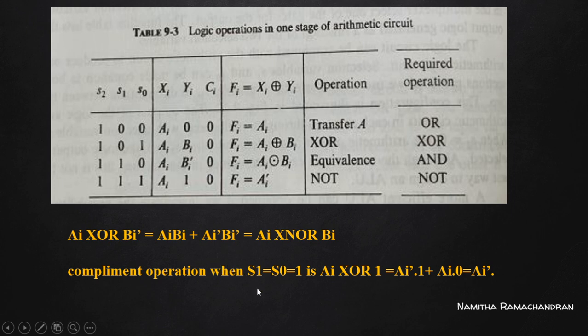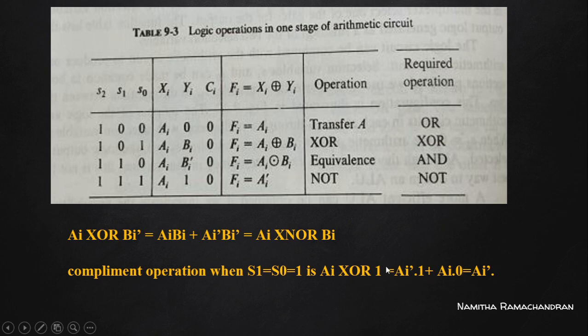So consider the next case, S1 equal to 0, S0 equal to 1 and S2 equal to 1. Xi equal to Ai and Yi equal to 1. Substitute this input over the XOR function, the full adder output function. Now it becomes Ai complement into 1 plus Ai into 1 complement, which is 0.